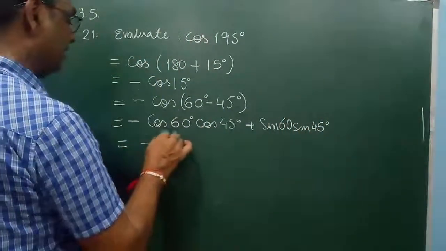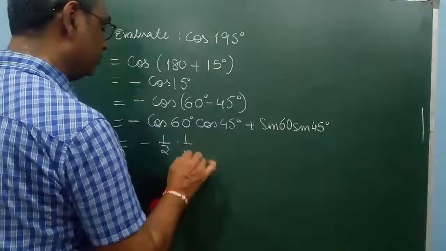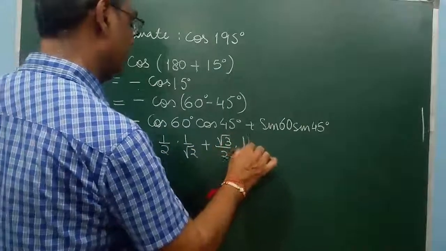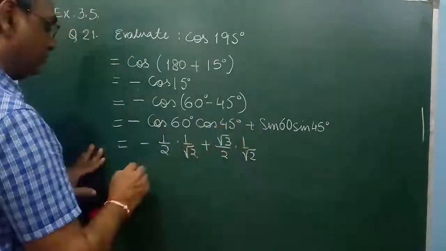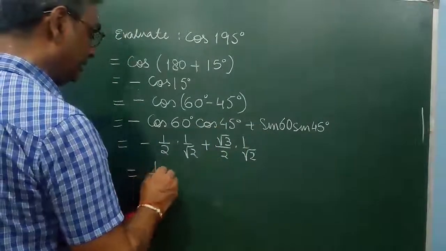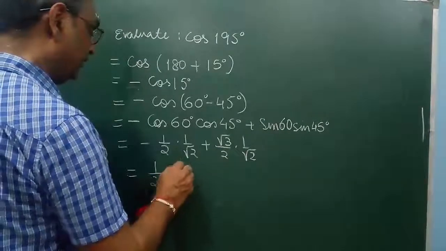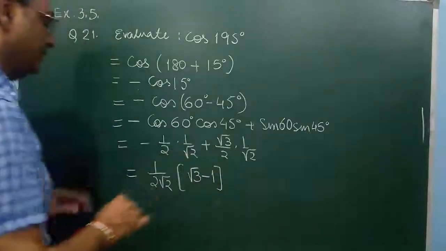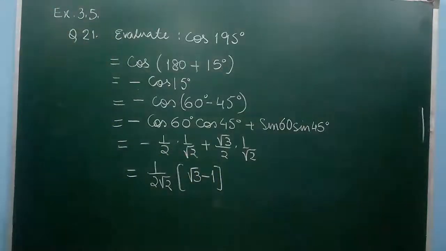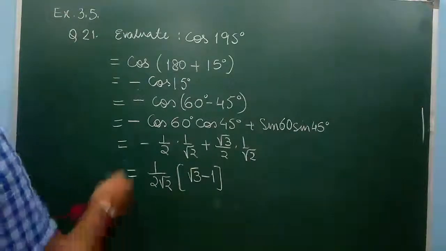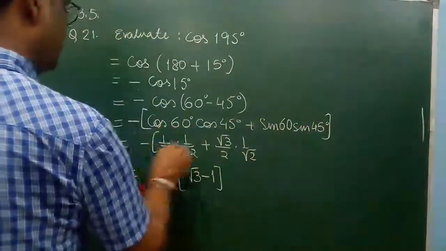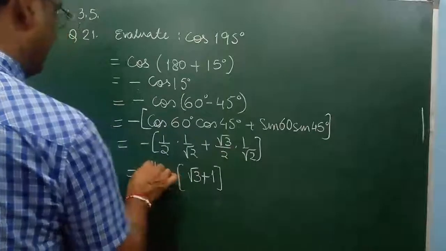So this is minus of 1 by 2 into 1 upon root 2 plus root 3 by 2 into 1 upon root 2. We put the values of cos and sin here, and 1 by 2 root 2 is common. We will have root 3 plus 1, so with the minus sign the answer is minus 1 by 2 root 2 into root 3 plus 1.